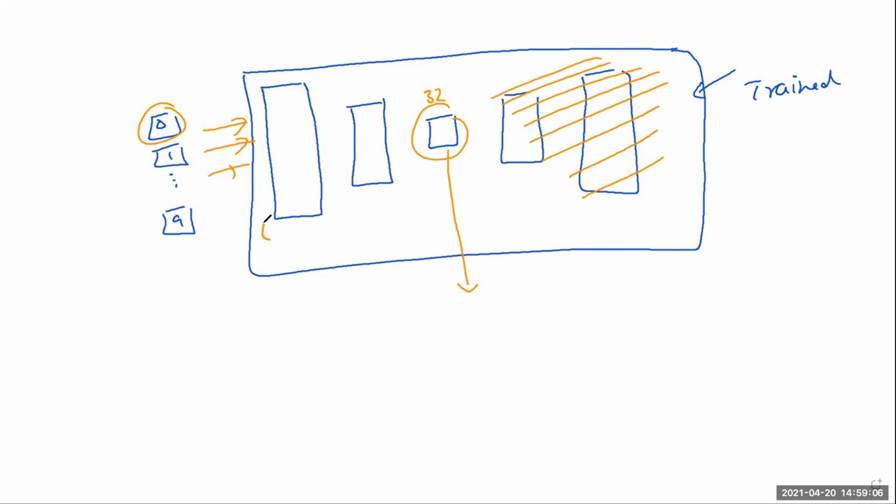We are only keeping the first part. Now I feed it with my input data, which was 28 cross 28, 784 values, and I am mapping those values to 32 values. Now, MNIST has 60,000 images in the training set, if I remember correctly. So each of these images is now represented by 32 values.